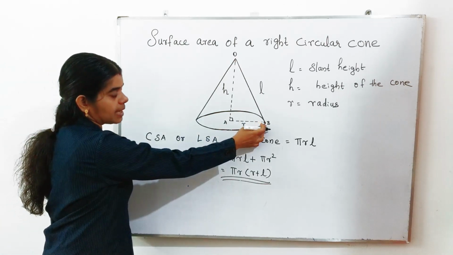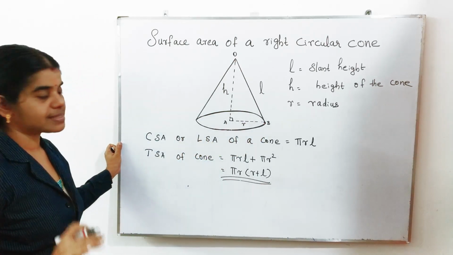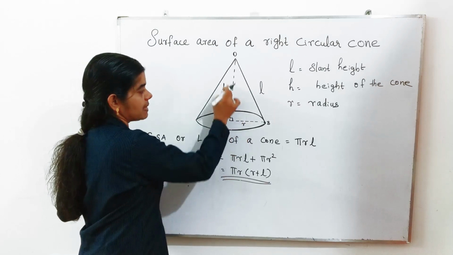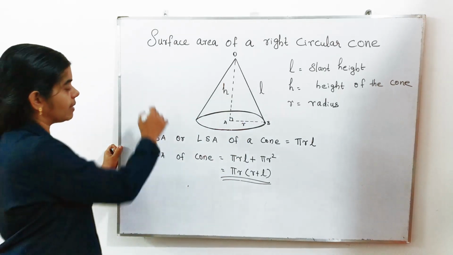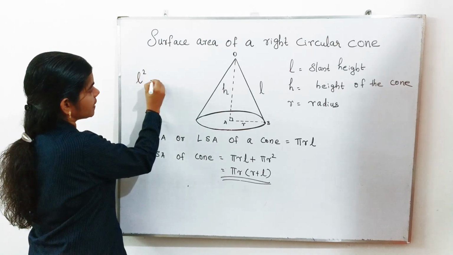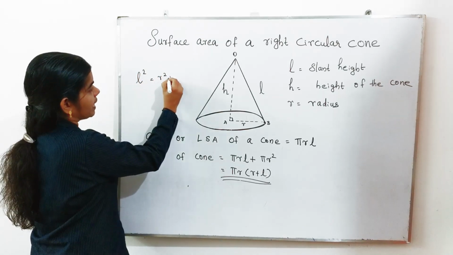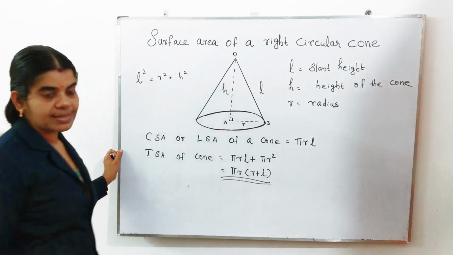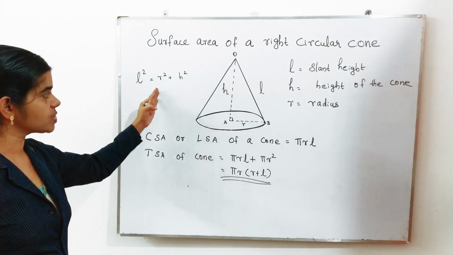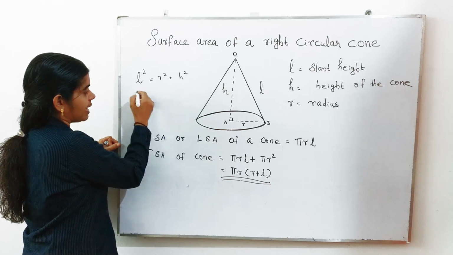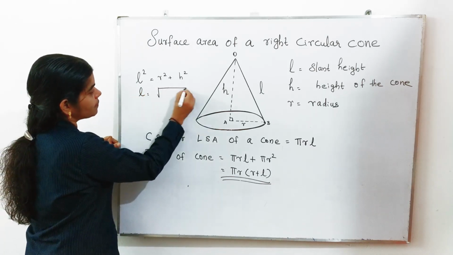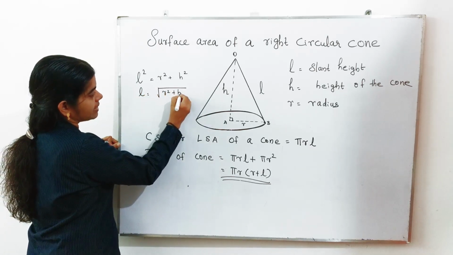Here L is the hypotenuse, the longest side. So L square is equal to r square plus h square, that is, hypotenuse square is equal to base square plus perpendicular square. Then L is equal to root of r square plus h square.